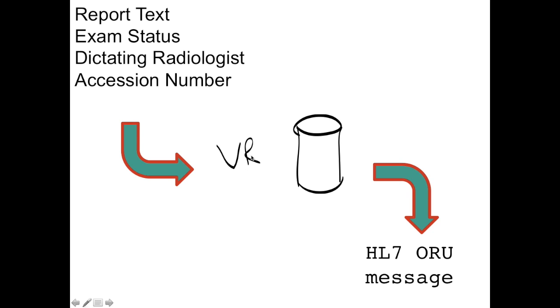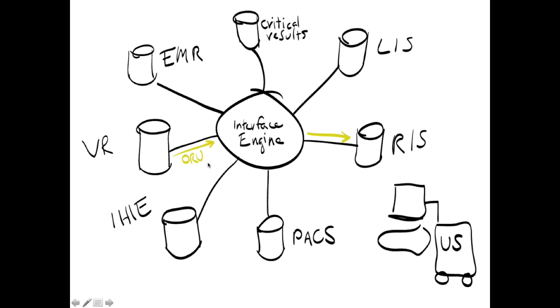This is spit out by the voice recognition system, goes through the interface engine, and goes over to the radiology information system, or the RIS. This is where it's going to live. The RIS turns around, and once it gets a finalized report, it sends that final report back out to the other downstream systems. We do keep copies of all of our reports in our PACS system, so they're readily available for comparison purposes.